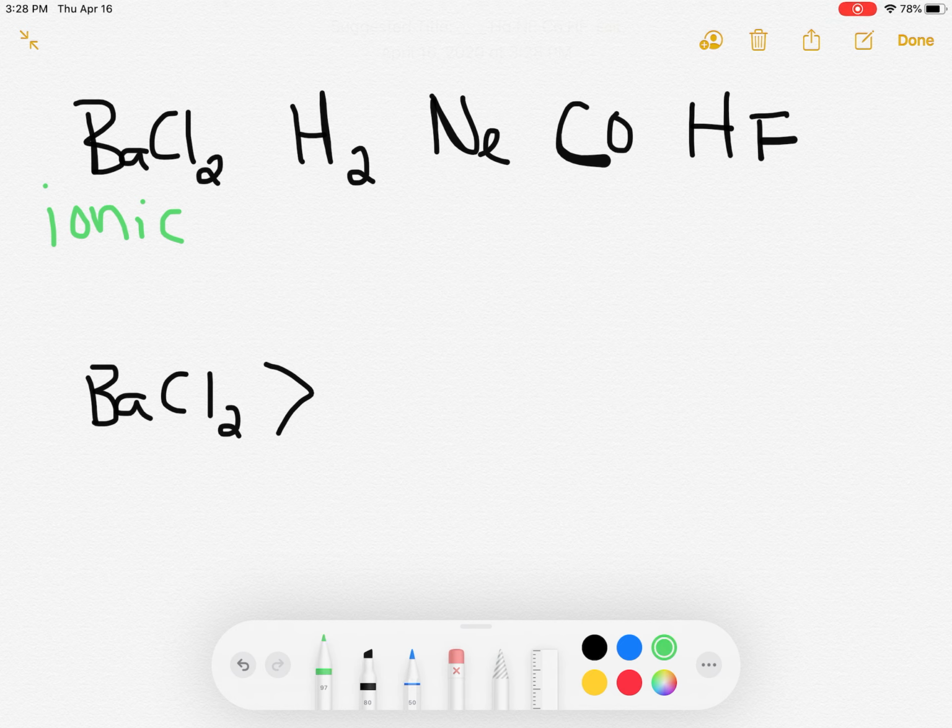Let's figure out their molar mass. Hydrogen molar mass is 1, and we have 2 of them, so it's 2 grams per mole. Neon is going to be 20. That's just the weight on the periodic table. CO, carbon monoxide, is going to be 28, and then HF is going to be 20. So that gives us an idea of the size of the molecules.